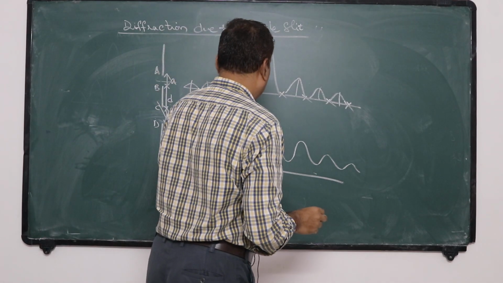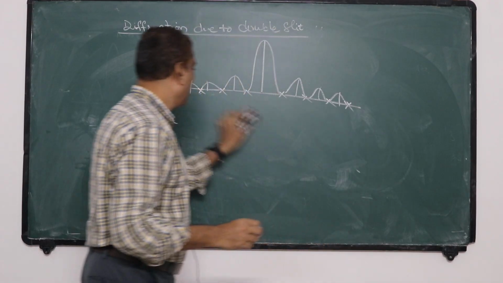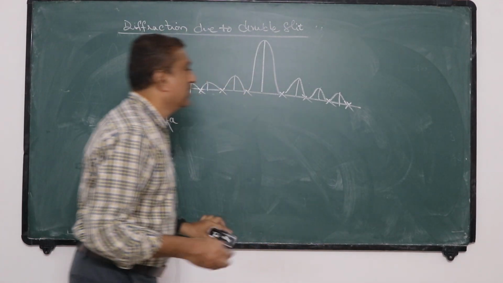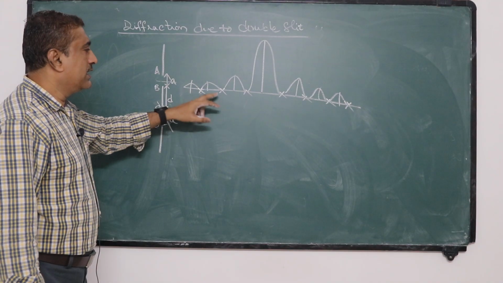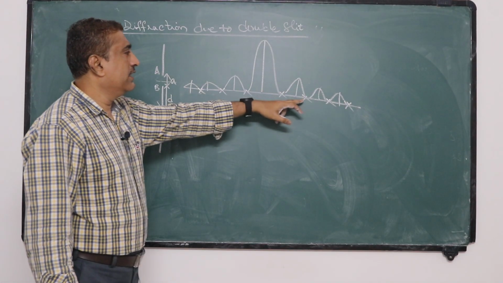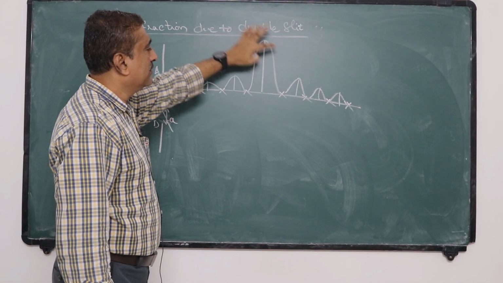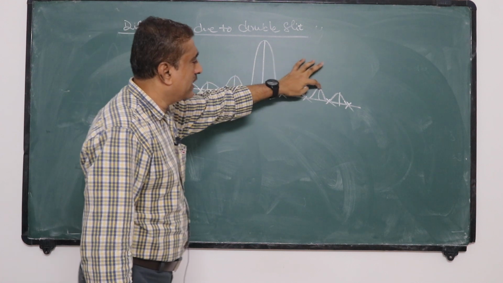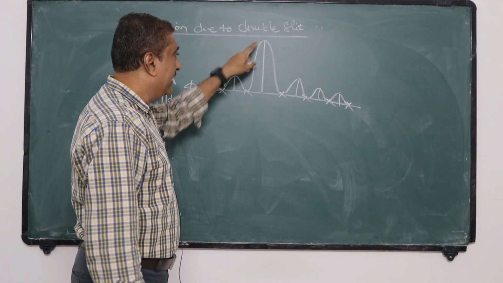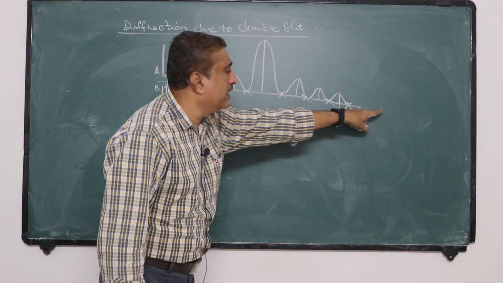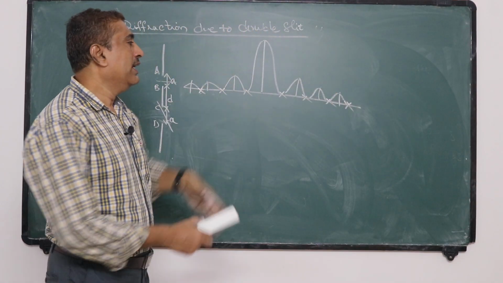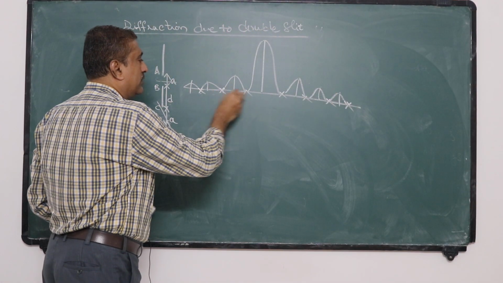In case of single slit, the intensity distribution is like this. That means we get a principal maximum, then secondary minimum, secondary maximum, and so on. The intensity of these secondary maximums gradually decreases and finally becomes zero, and the minimums are of zero intensity.